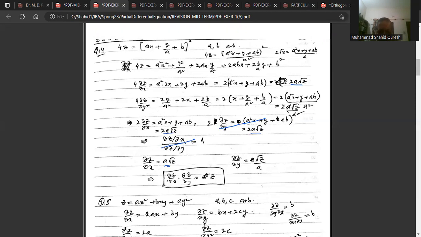They are not exactly equal. When you take the partial with respect to x of this, you will get 2ax square, and with respect to x this term will not appear. What did I do? I directly took its derivative.